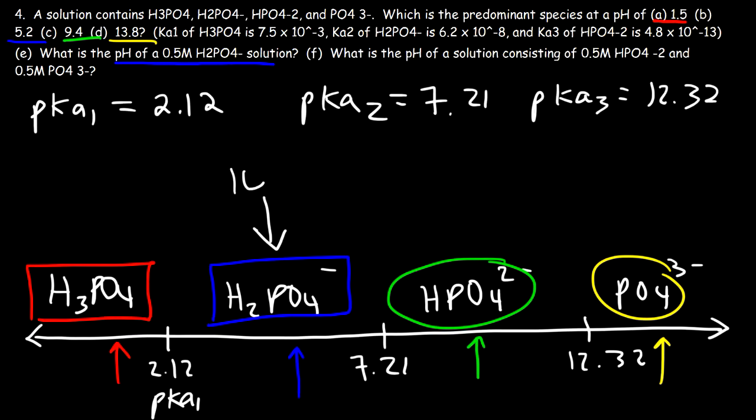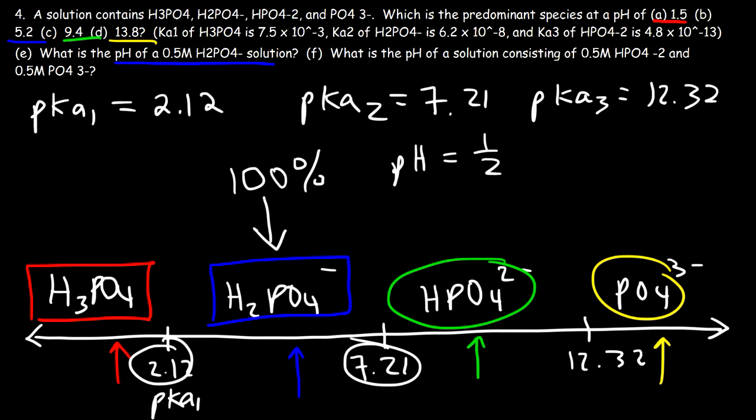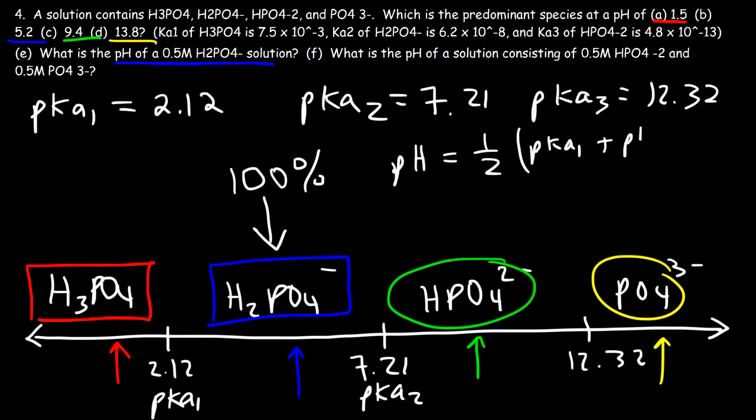So if we have a solution that's almost 100% H2PO4 minus, you can estimate the pH with this equation. It's going to be 1/2 the sum of these two pKa values. So basically, it's the average of pKa1 and pKa2. So it's 1/2 of 2.12 plus 7.21.